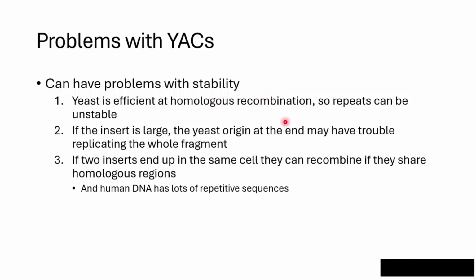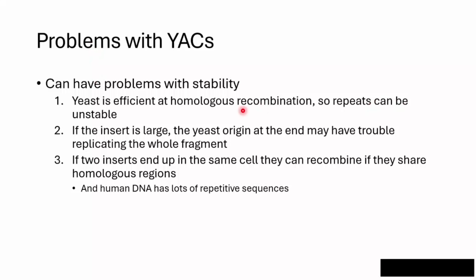If you put the yeast artificial chromosome into yeast, you have more chances of creating homologous recombinant DNA molecules, and you don't want that. Yeast is very good at homologous recombination, so your chromosomes can be shuffled inside the yeast. So this is not the best way to do it, because the repeats can be unstable.